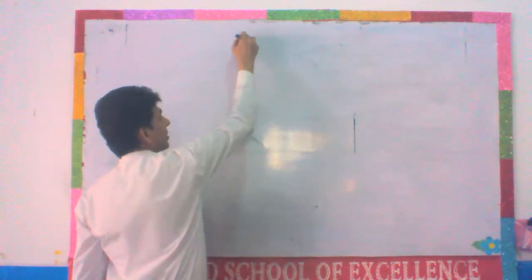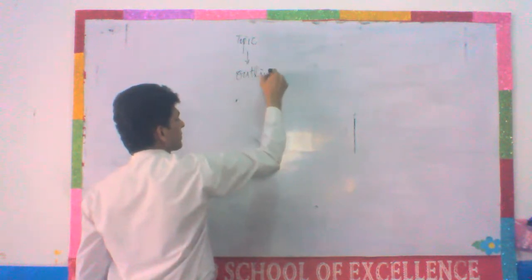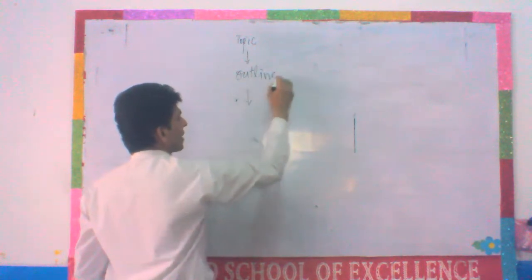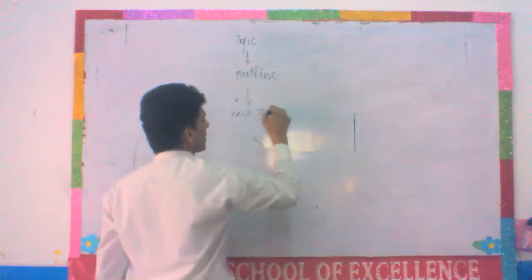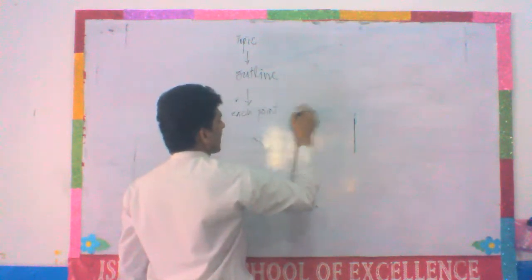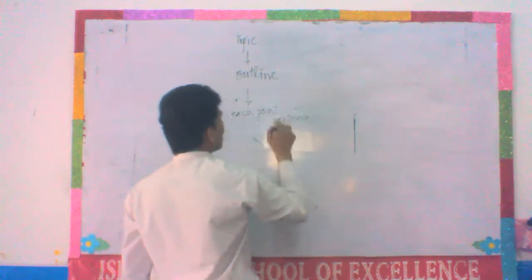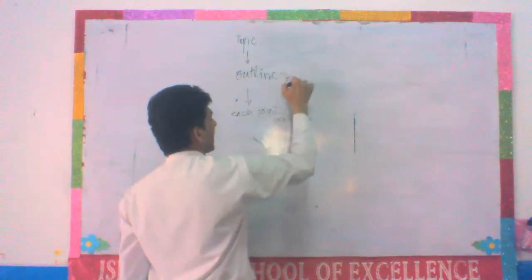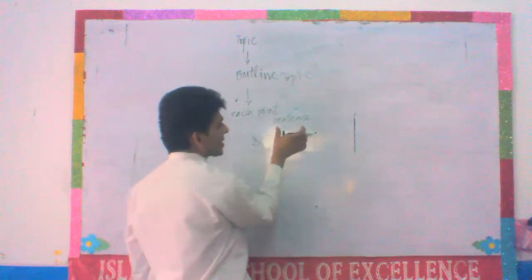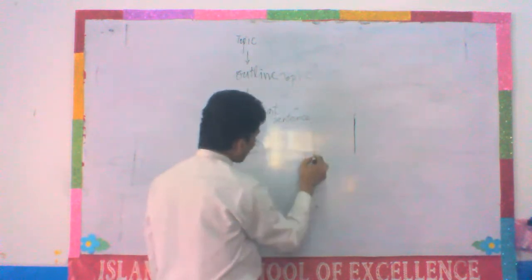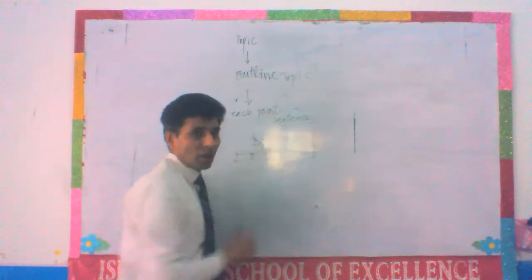Number three, convert each point given in the outline into a sentence. Convert this topic outline into a sentence outline. And after that, this sentence will become the opening sentence of your body paragraph.